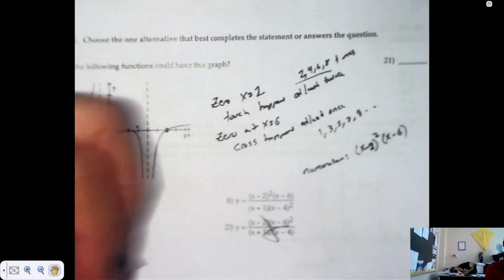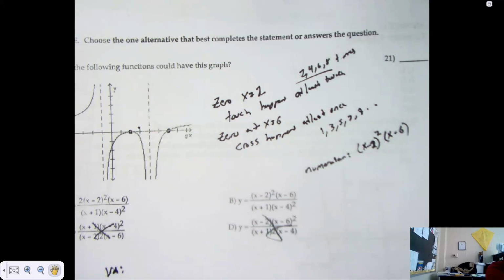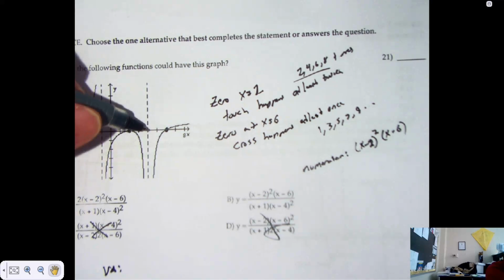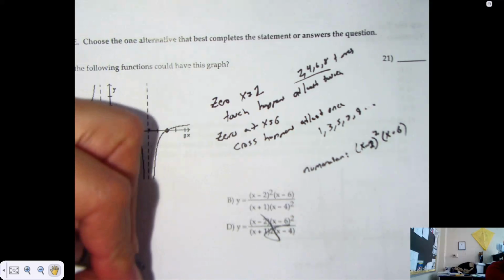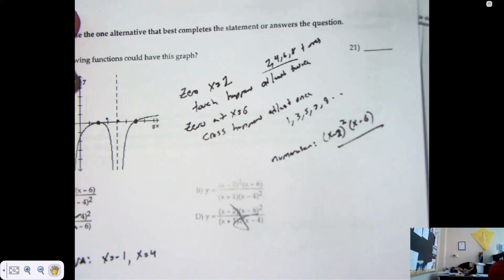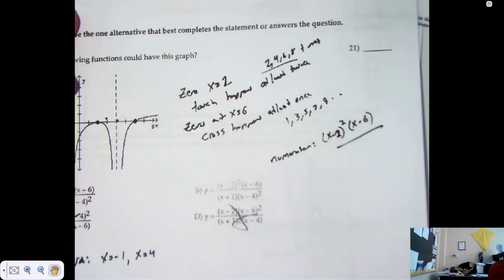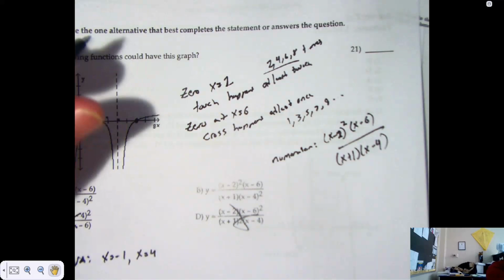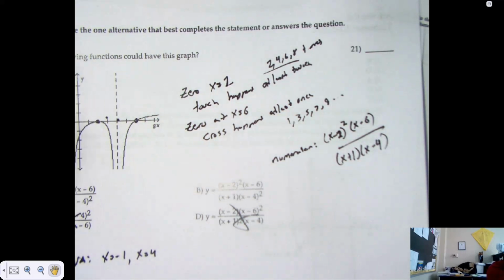Now we're going to focus on our vertical asymptotes. I see one at x equals negative 1 and x equals 4. Now what that does is that gives us our denominator. Our denominator's got to be x plus 1 times x minus 4. Maybe, maybe not.